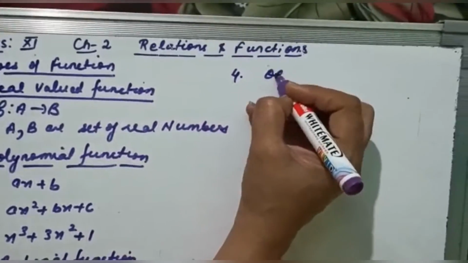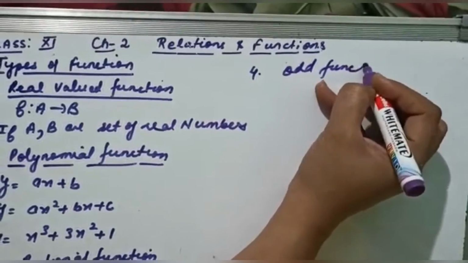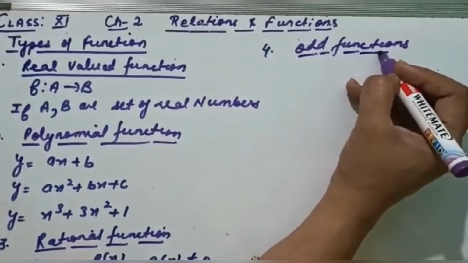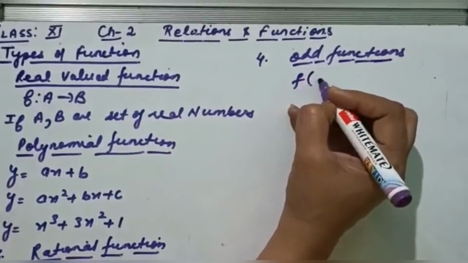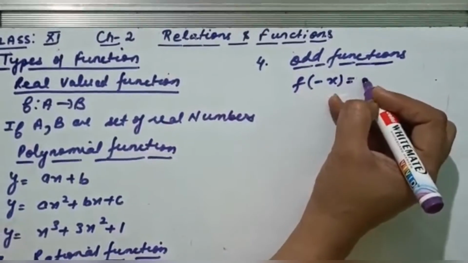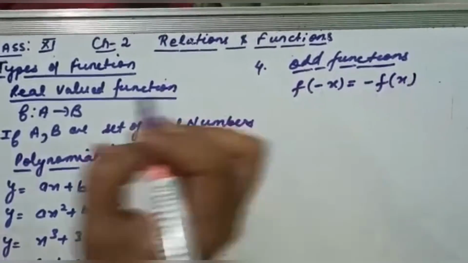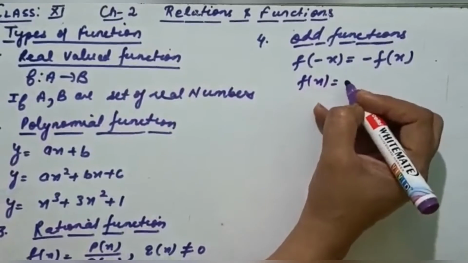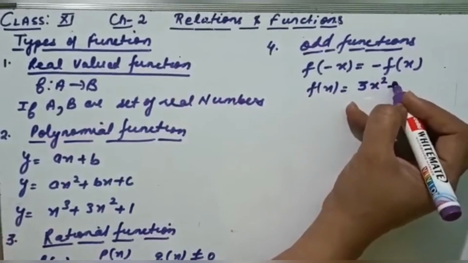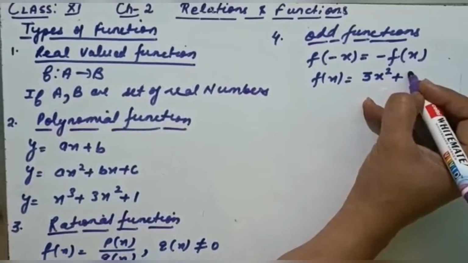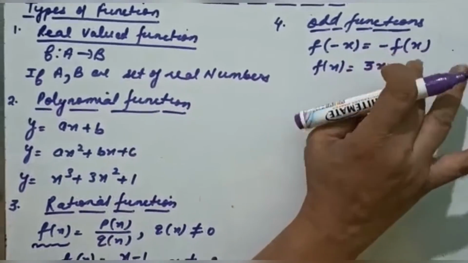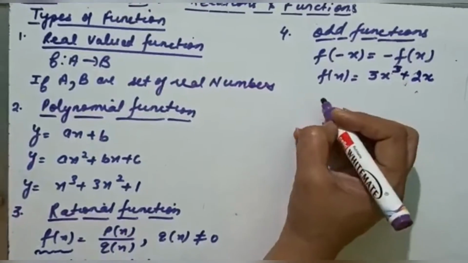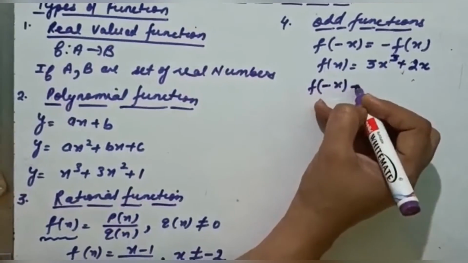Fourth is odd functions. Odd function means any function in which f minus x is equal to minus of fx. For example, if fx is 3x cube plus 2x, and suppose we write f minus x.